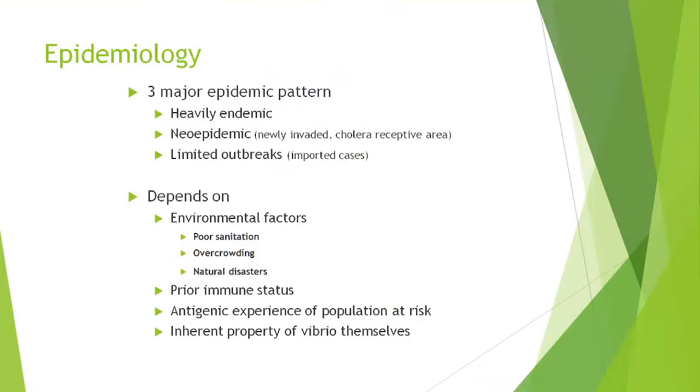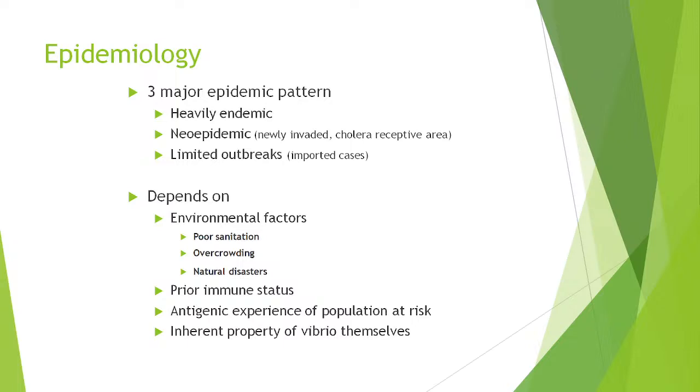So what patterns do you see? Three major epidemic patterns: heavily endemic, neo-epidemic, where newly invaded cholera receptive areas are there, and then certain limited outbreaks or imported cases that happen in a geographical area. For example, if in America there is an imported case of Vibrio, it has the potential to cause an outbreak in that country because this bacteria doesn't exist there.